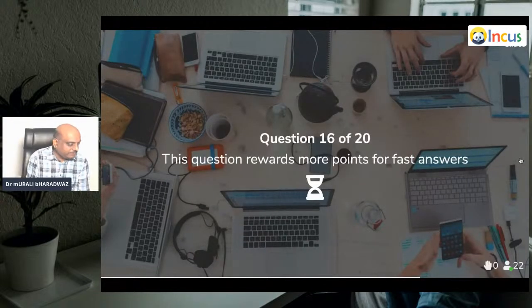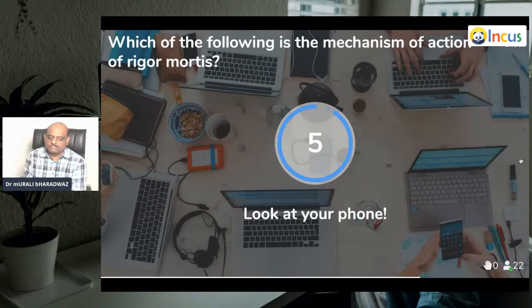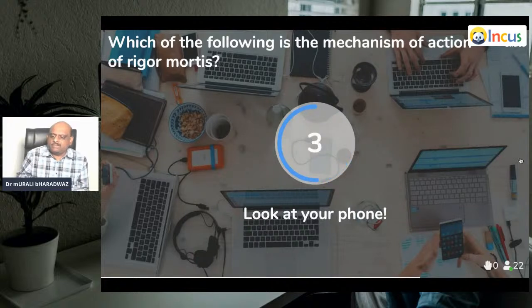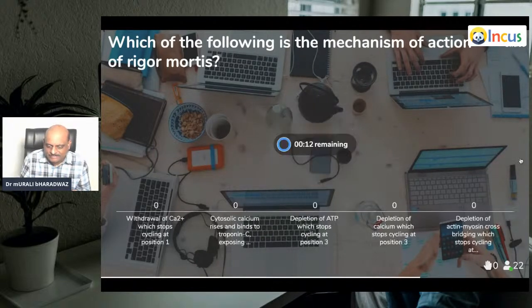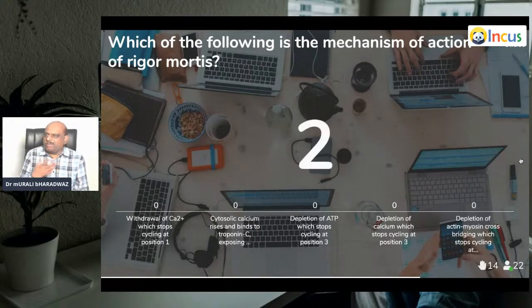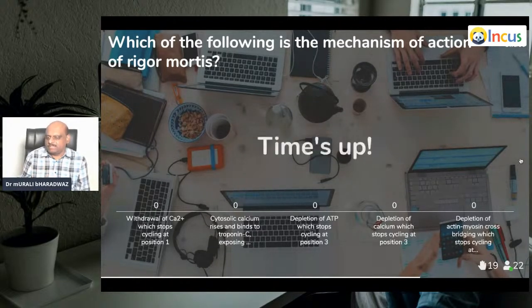Question number 16. So, what is the mechanism of action of rigor mortis? Rigor mortis. So, what leads to rigor mortis? So, you require energy for relaxation of the muscle.